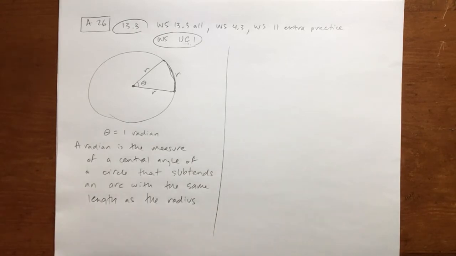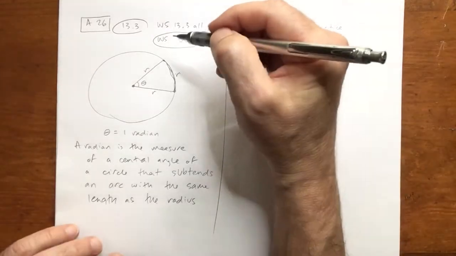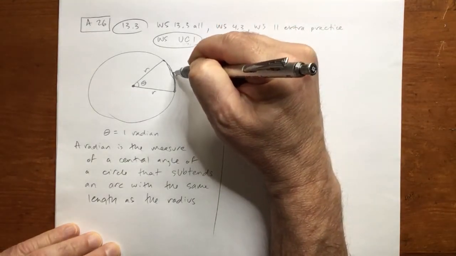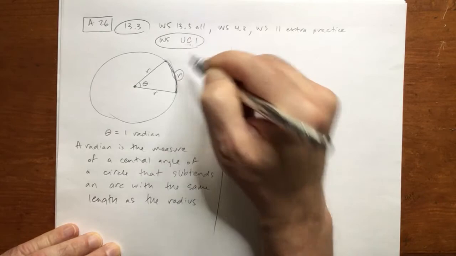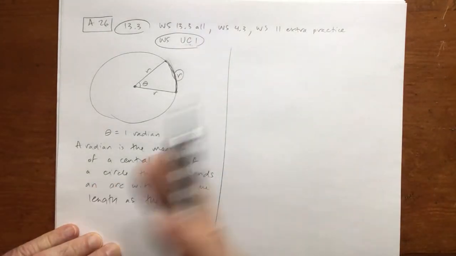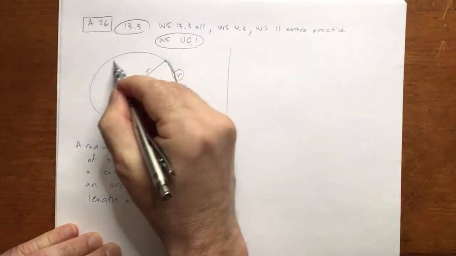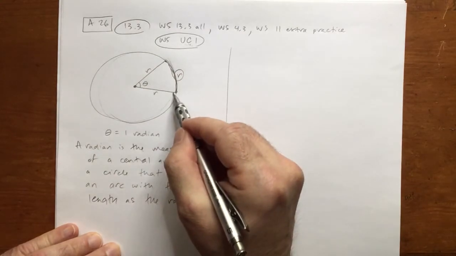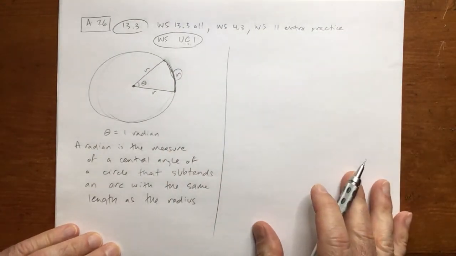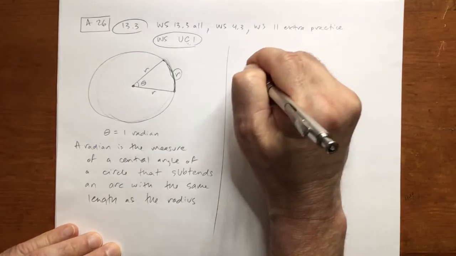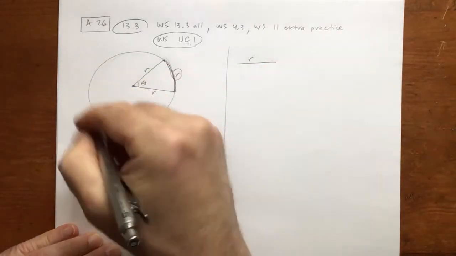Let's think about this now. I know that this arc length right here, r, is just part of the length all the way around the circle. And I can make a ratio out of that. The arc length is just part of the whole circle.